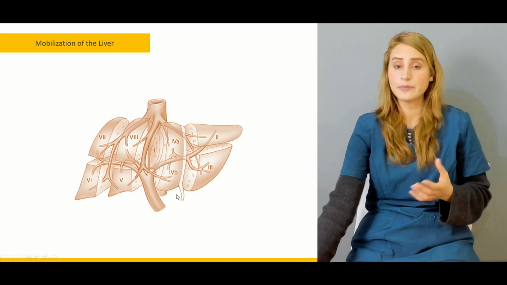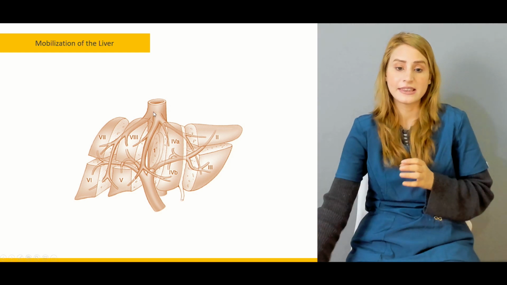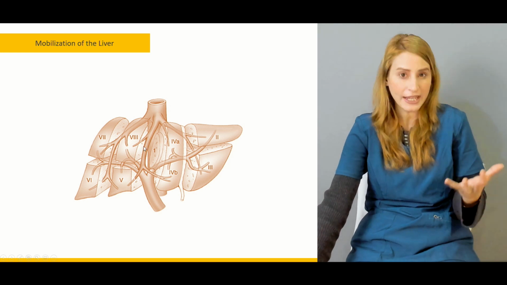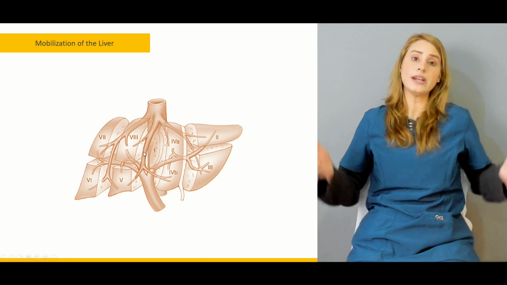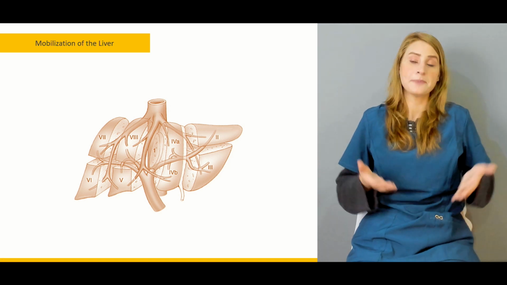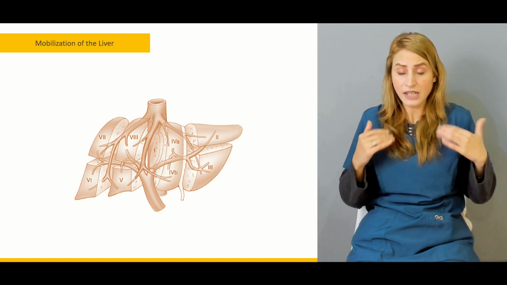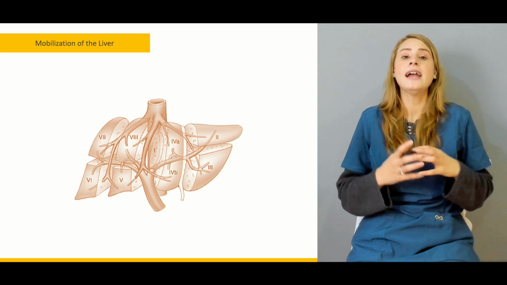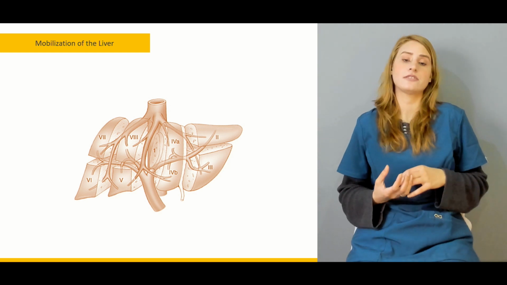Why is it important to divide the liver this way? Because between these segments there are important planes called avascular planes. When you go into the avascular planes, troublesome bleeding can be prevented. That's why it's important to mobilize the liver and go into the avascular planes.